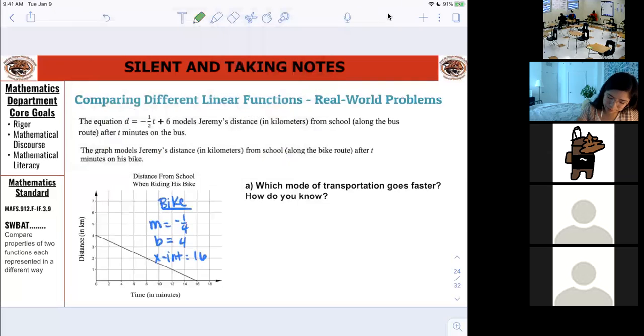For the bus, we had -1/2, the y-intercept was 6, and the x-intercept was 12. So with all that information in mind, which mode of transportation goes faster, and how do you know?